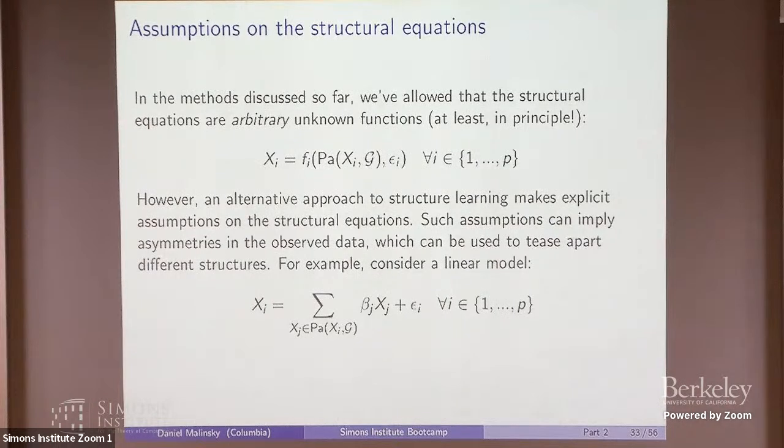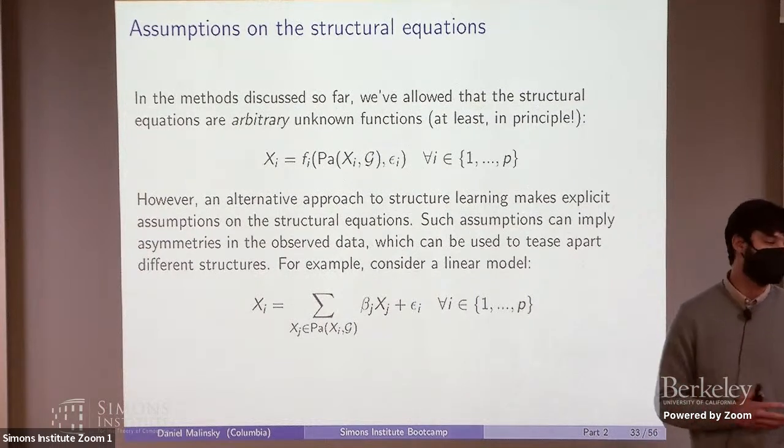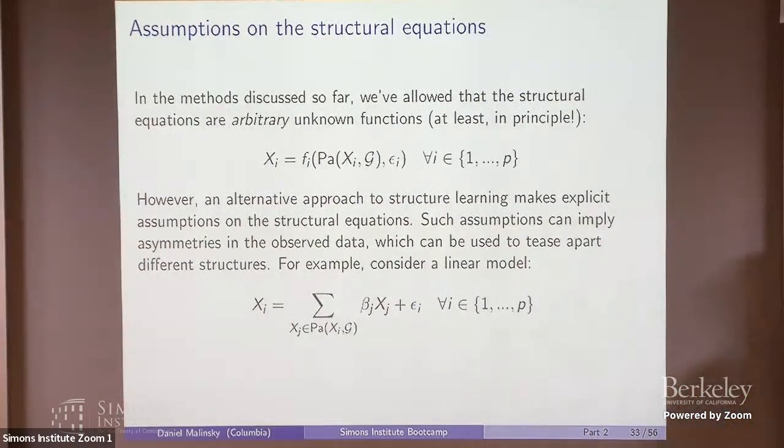Okay, so I'm going to conclude the FCI, MAGs, and PAG stuff here and talk a little bit about alternative approaches to causal discovery that are not necessarily direct descendants of PC and GES.